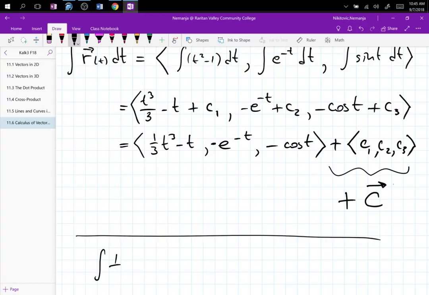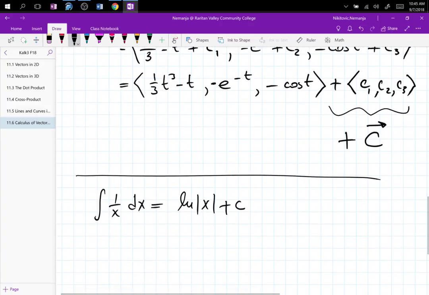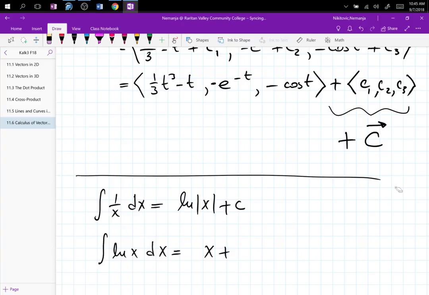So the integral of 1 over x dx is ln absolute x plus c. The integral of ln x dx is, anyone remembers it?